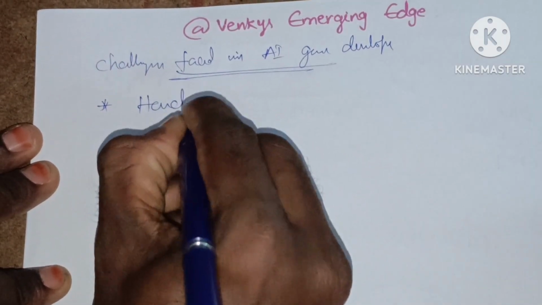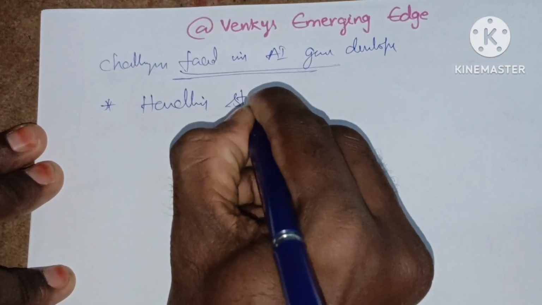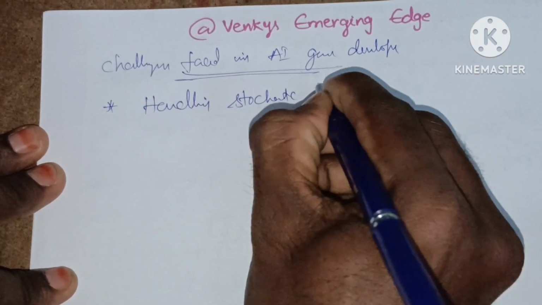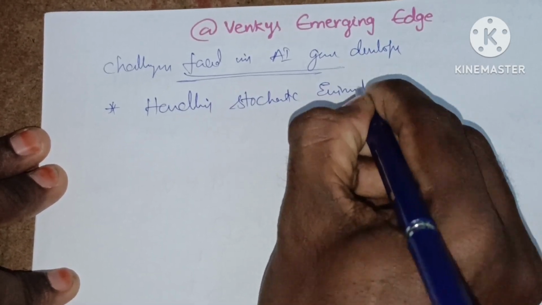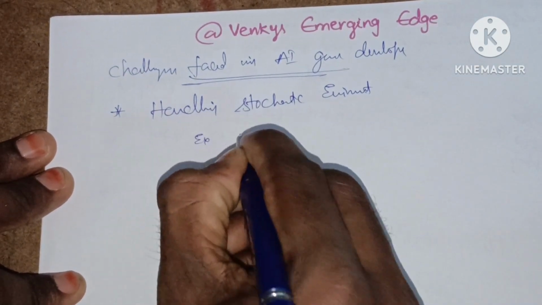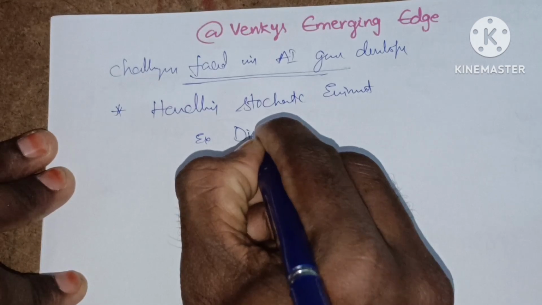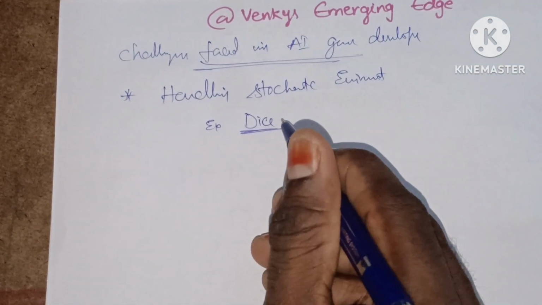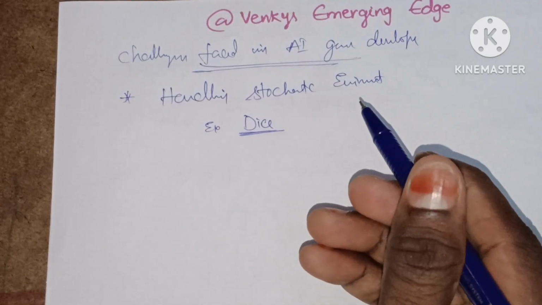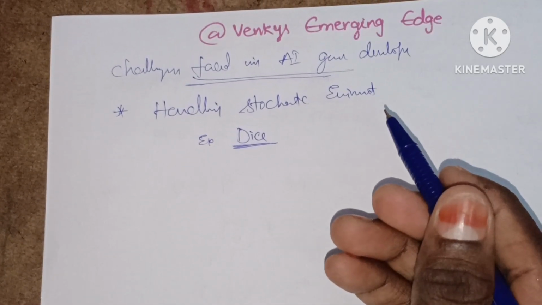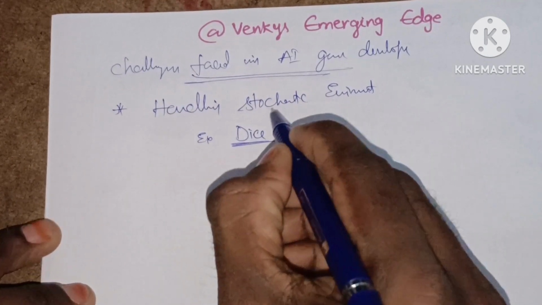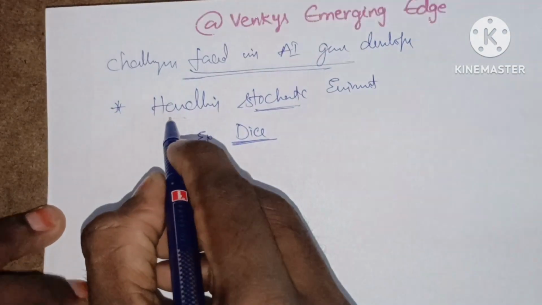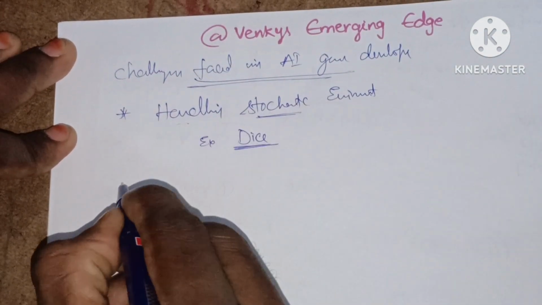Maybe handling a stochastic environment. For example, a dice game. In a dice game we don't know, so sometimes we can't predict what the value is. It may be 6 or 4 or 5 or 3 or 2, whatever it may be. So this is a stochastic environment, and handling it is one of the challenges.